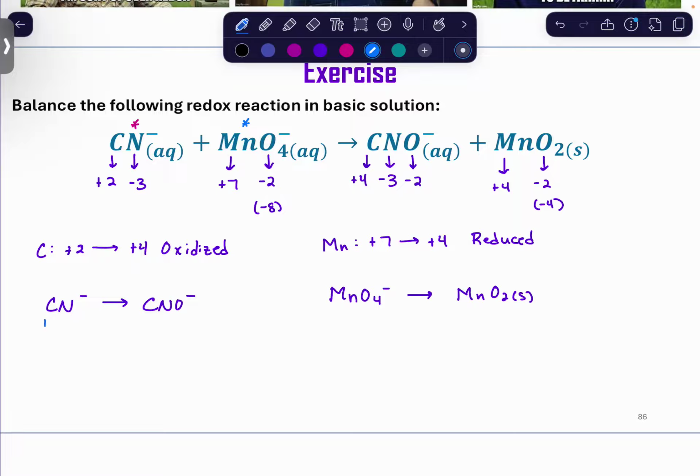So what we have a +2, carbon over here is a +4. Manganese on the left is a +7, and on the right it's a +4. You don't necessarily have to write that in. I just write that in so that I'm keeping a check on myself to make sure, yeah, I've got the right half reactions.